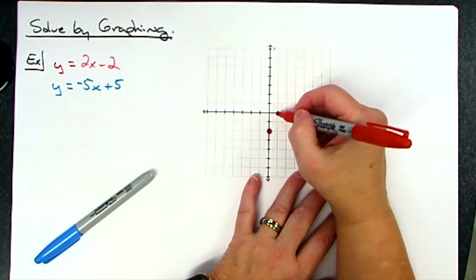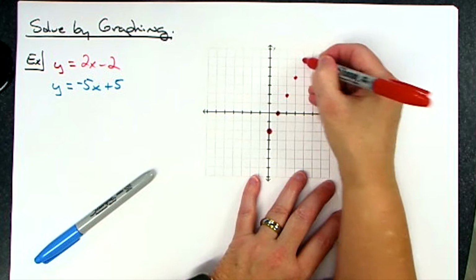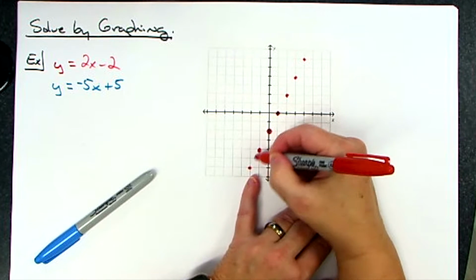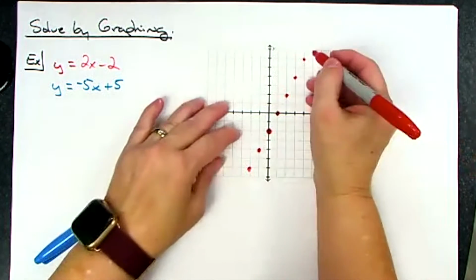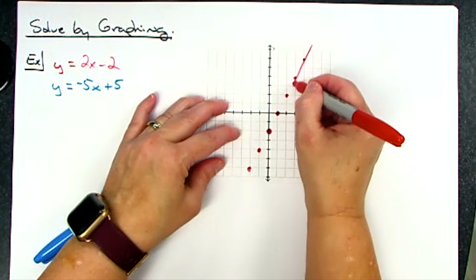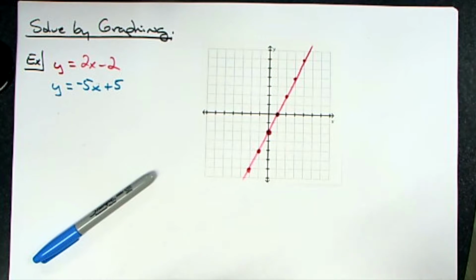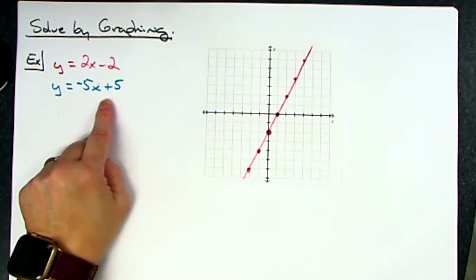However, we're looking for a point. So up 2 over 1, up 2 over 1, so you know exactly where this line is at all places. I definitely do that on the first one. I do not necessarily do it on the second one, because as soon as I find my point, I can just draw the line through it and it should be good, because we'll have the actual solution.